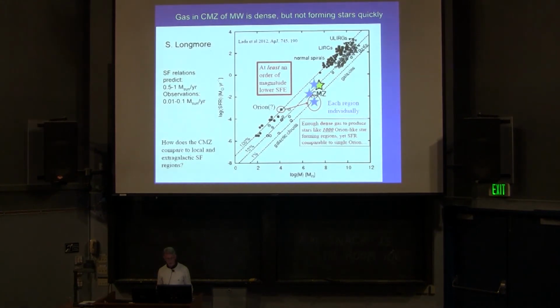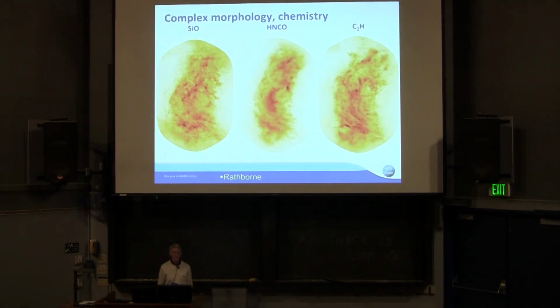So let me show you the data now. These are maps in SiO and two other molecules of this so-called brick. And you can see there's a lot of information there. It hasn't been fully digested yet. But this is a good test case when we understand the internal structure of this thing, and compare that to predictions of models that are running with much higher turbulent velocities and higher densities, some explanation of why the star formation rate is so low here.